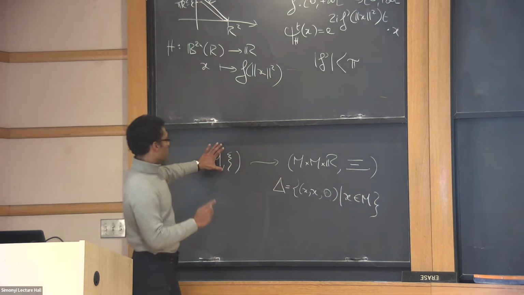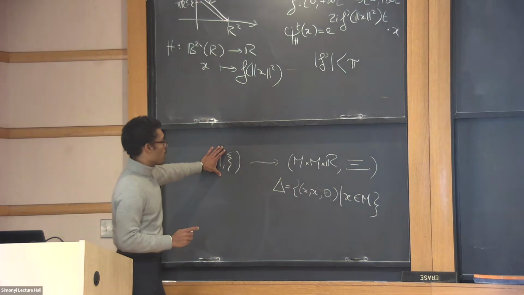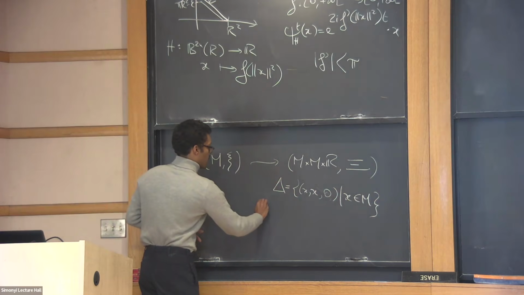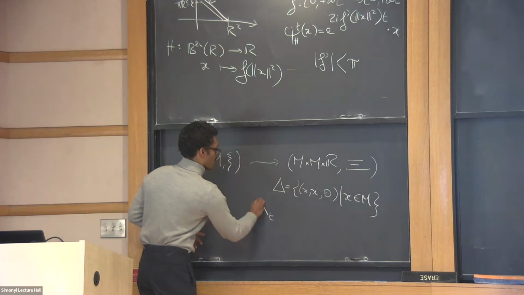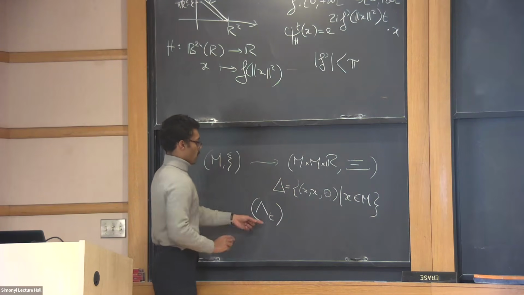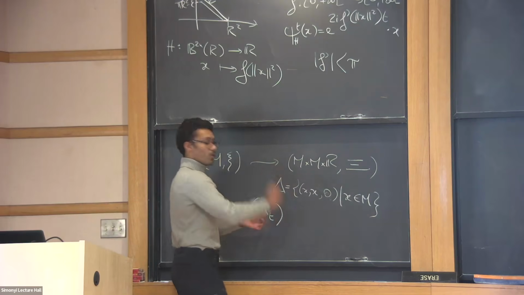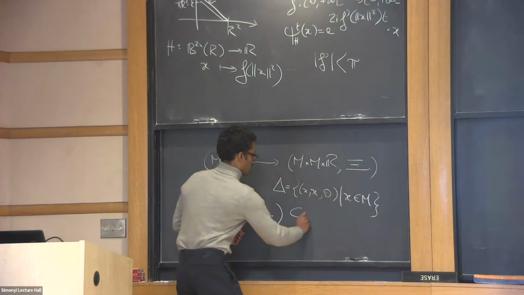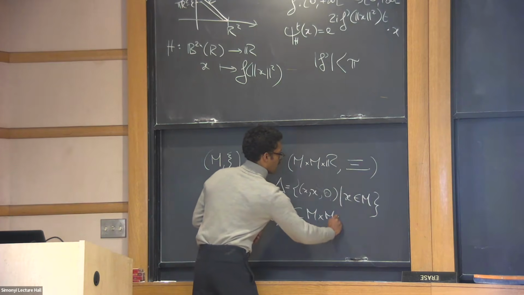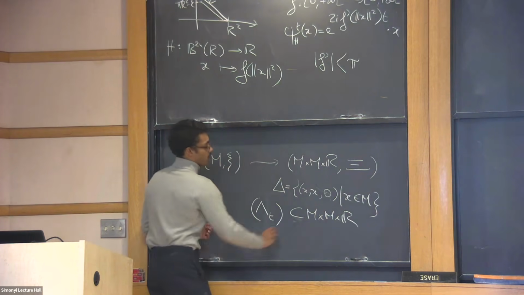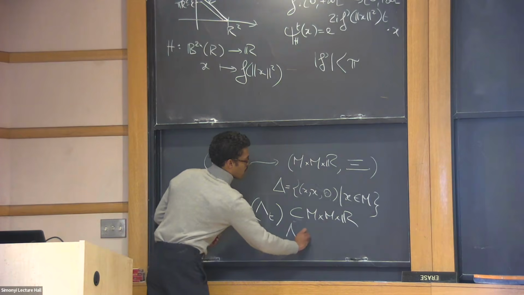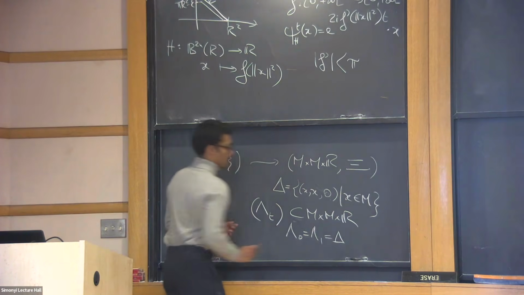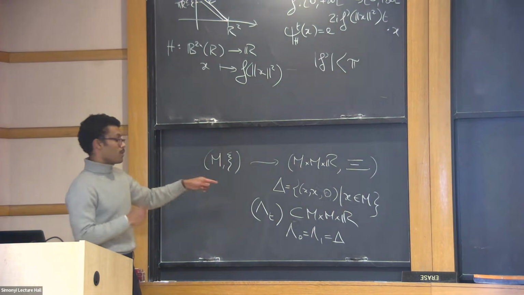So I say that this contact manifold is strongly orderable if I take any Legendrian isotopy lambda t, which is a loop, in M times R, such that lambda 0 is equal to lambda 1, which is equal to this diagonal.